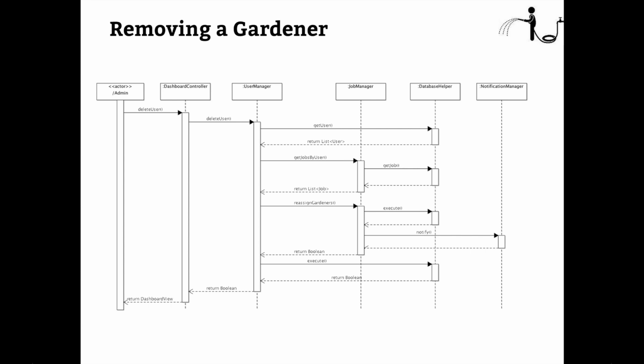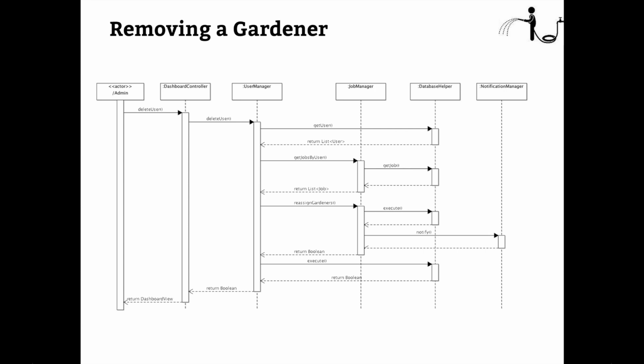The user manager will be able to determine that the user being deleted is a gardener and proceeds to call the job manager to get jobs by user. The job manager calls reassign gardeners to find out the future jobs of that gardener. The job manager also calls reassign gardeners on the future jobs of that gardener.